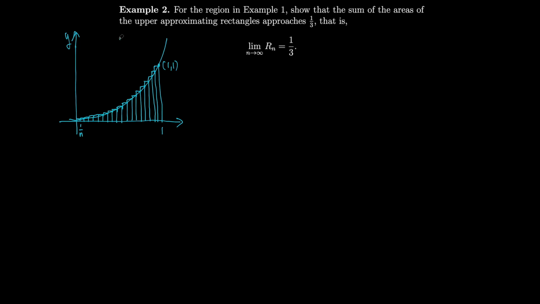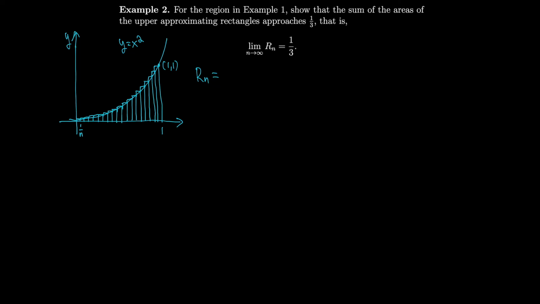So remember, this is still y equals x squared. There should be tons and tons of these little rectangles because we're going to take n to approach infinity. So they're all overestimating a little bit, and they all have width 1/n. So let's get Rn, the right estimate.